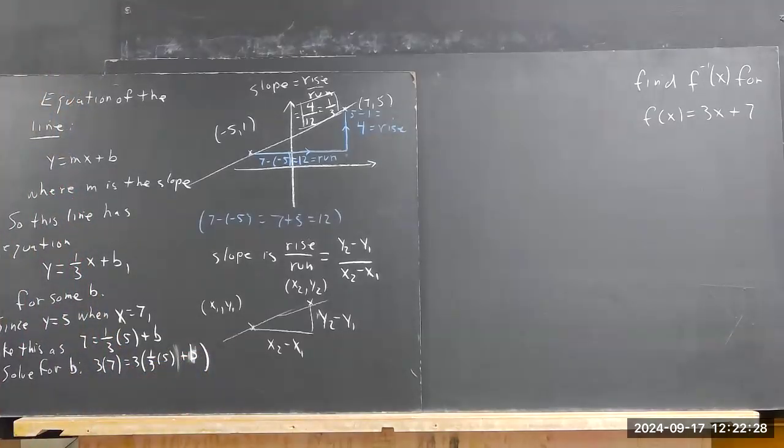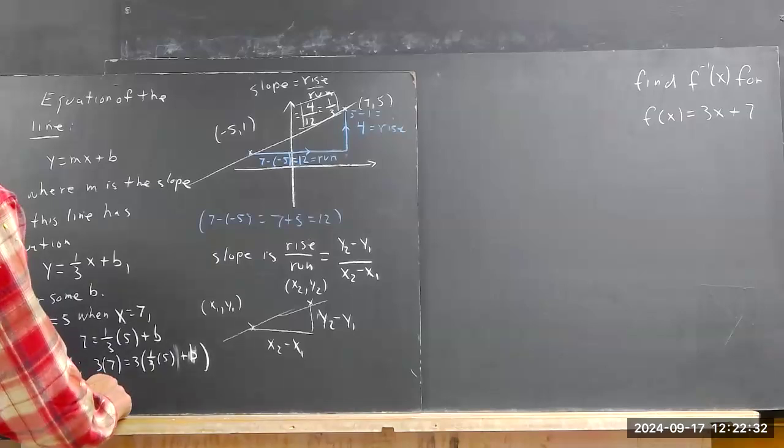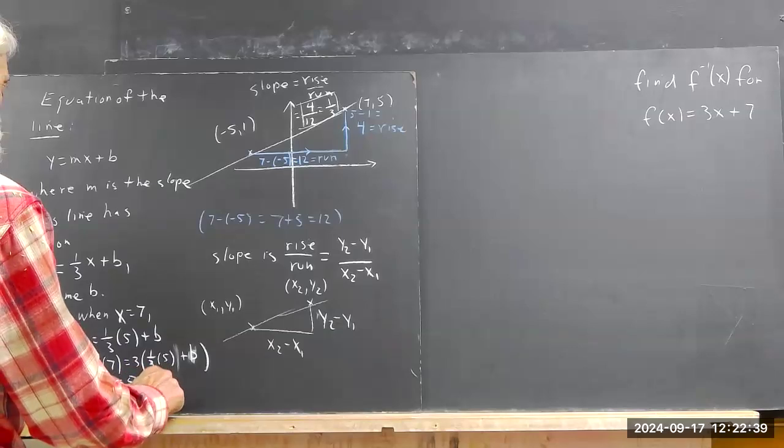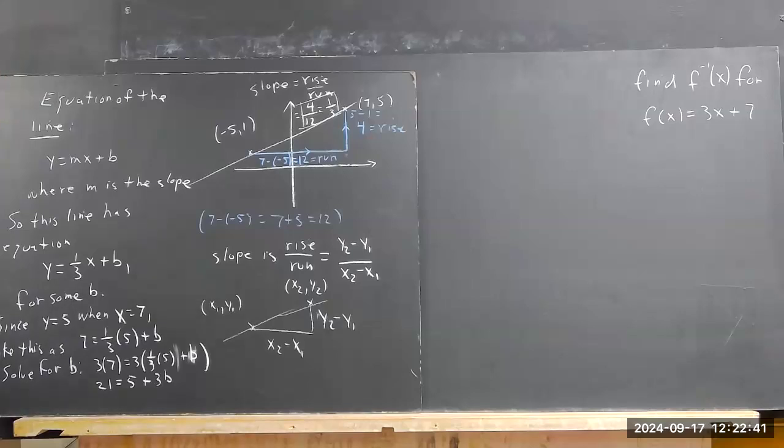Okay. And then we distribute, we get 21 equals 5 plus 3b, which is really easy to solve now. That's why we multiply by the common denominator, so we don't have to work with fractions. We'll get a fraction at the end, but we don't have to work with them to get there.